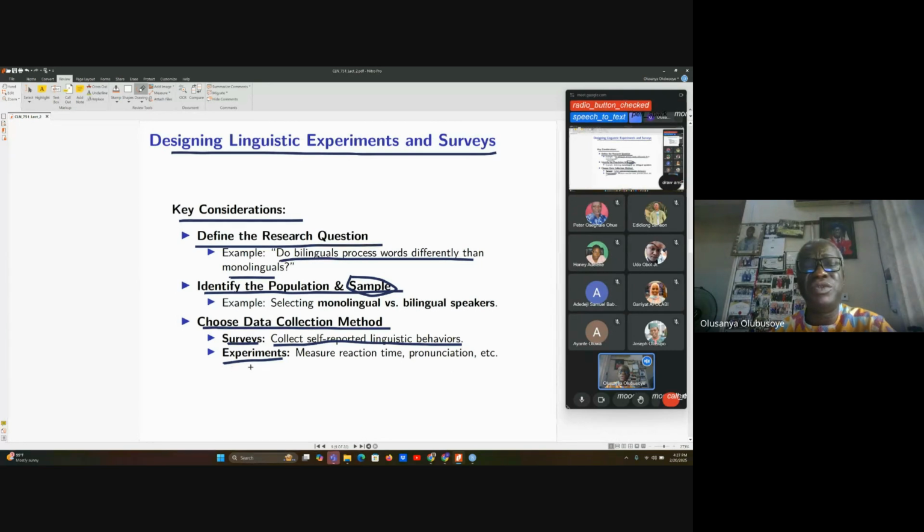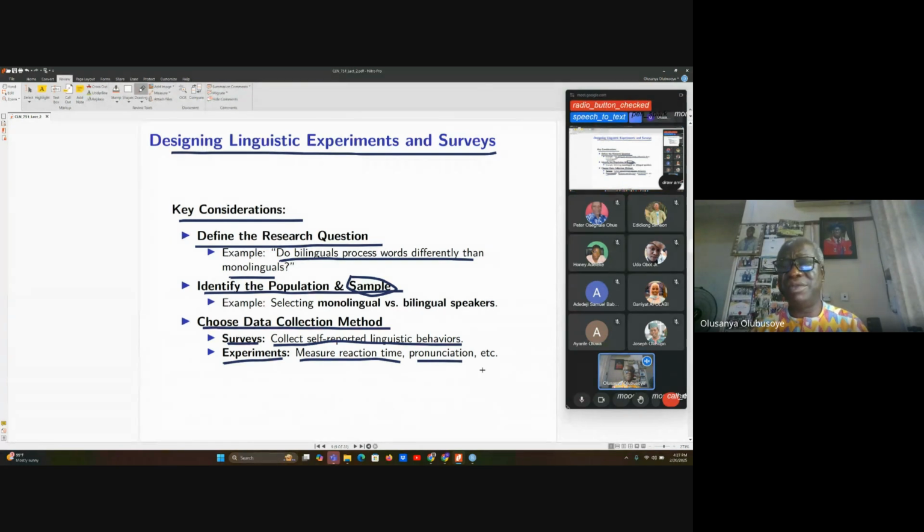If you are going to use experiments, then you have to do something like a laboratory and measure reaction time, pronunciation, and other things you want to monitor. So you'll be in control in the experiment.